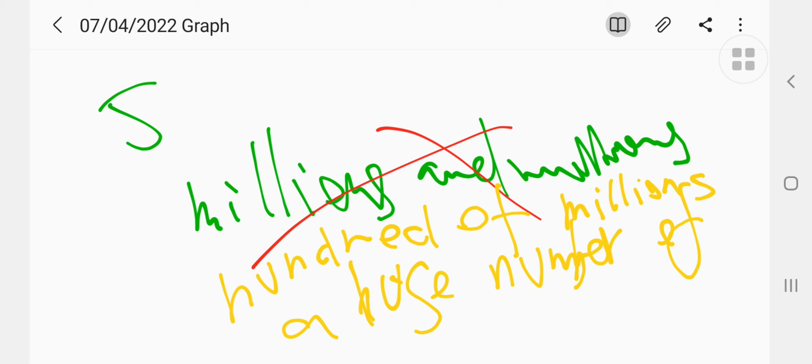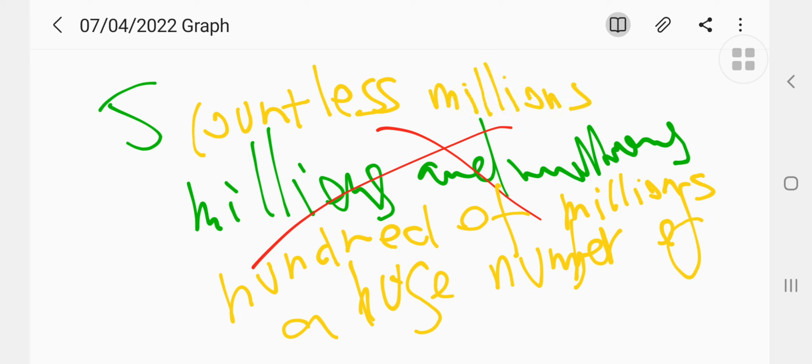Or the third option is countless millions of something. So be aware: count with N, million with double L, and hundreds with S, hundreds of millions with S.